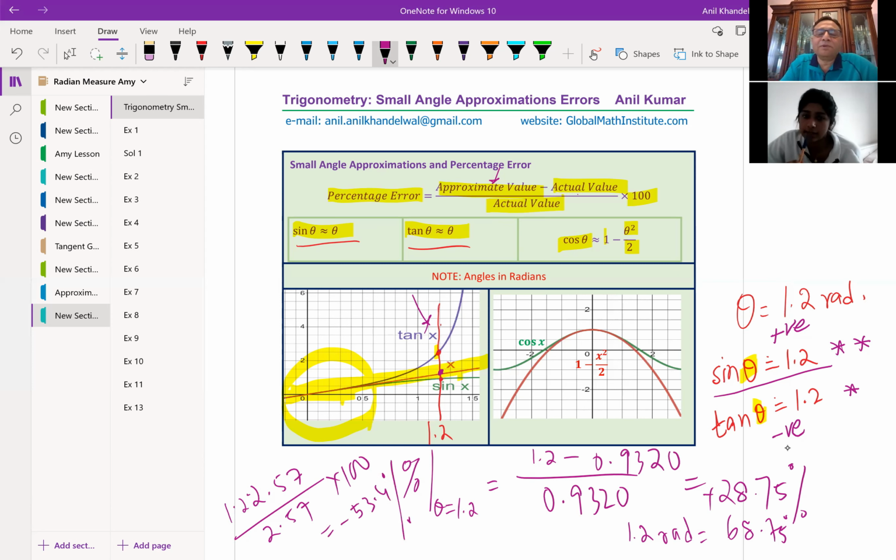Do you see that? Clearly, that particular gap is much higher than the gap for sine. Is that okay? So two things you learned just now: while calculating percentage error for the same angle approximation, tangent theta will give us a higher error than sine theta, and the percentage error for tangent theta will be positive, while that calculated for sine theta will be negative, since y equals to x is a graph which is between sine and tangent, right?